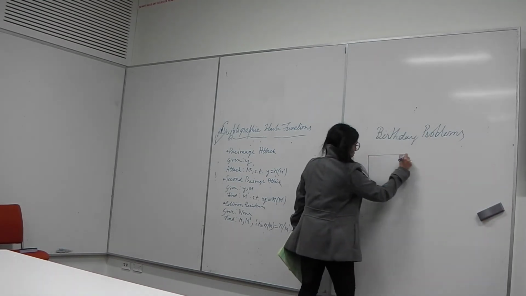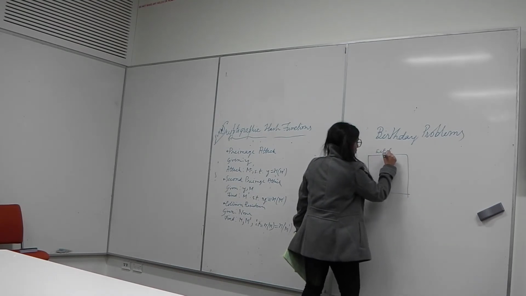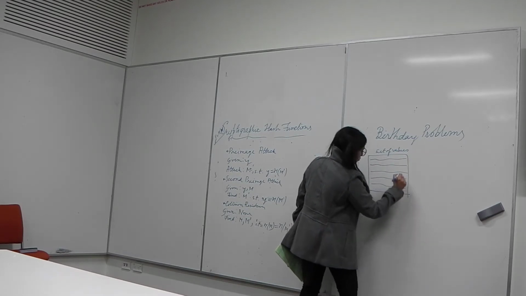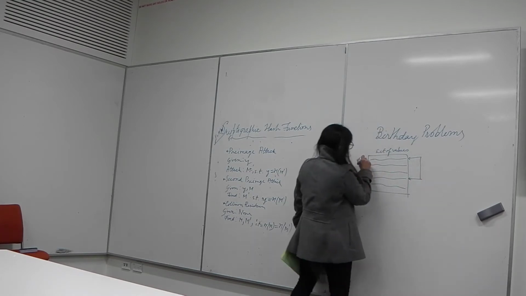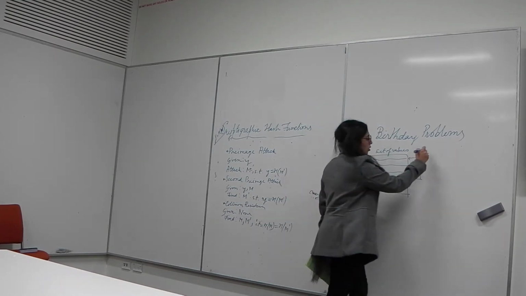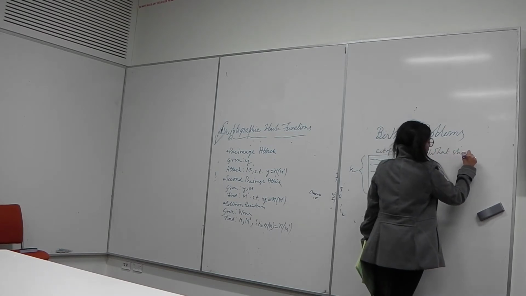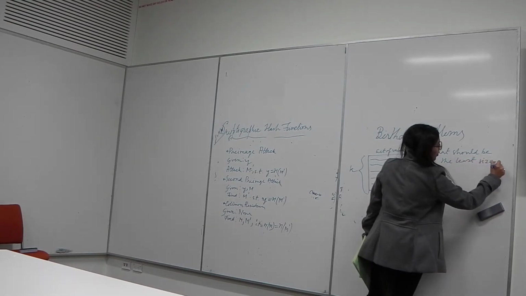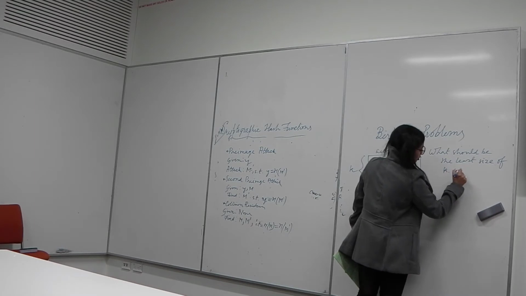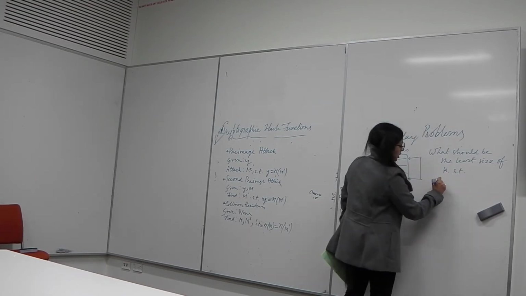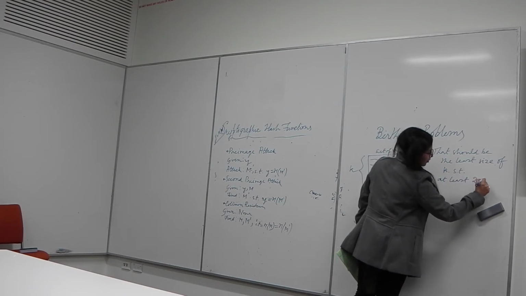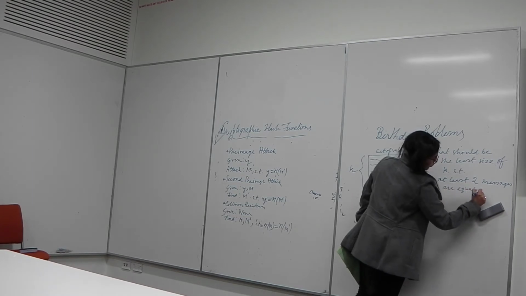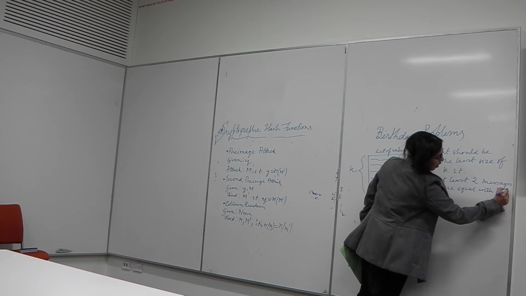What should be the least size of k such that at least 2 messages are equal with probability greater than half?